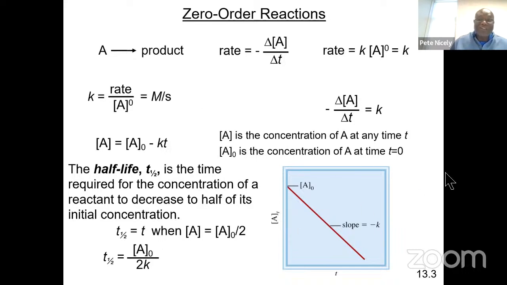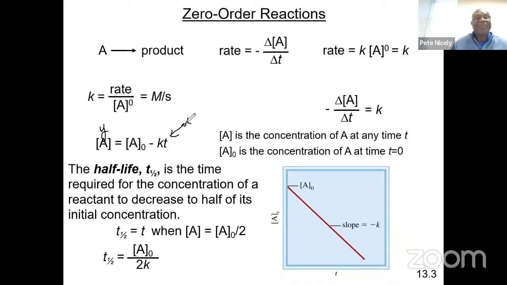Now, this graph right here is basically a plot of the concentration of A versus time. So in other words, A here would be the Y value, and t here would be the X value.